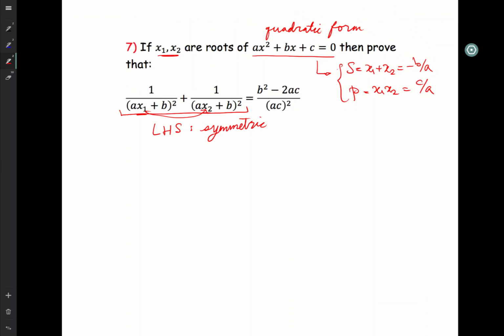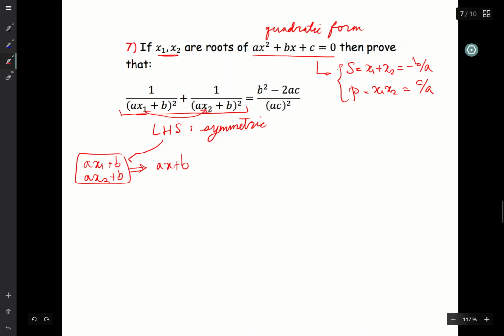But before starting to simplify, just by looking at the expressions ax1 plus b and ax2 plus b that appear in the left hand side, this reminds me of ax plus b, right? Where do I see this ax plus b? In the ax squared plus bx plus c equals 0, right? Look at this. If I factor out x, I end up with x times (ax plus b) plus c equals 0.